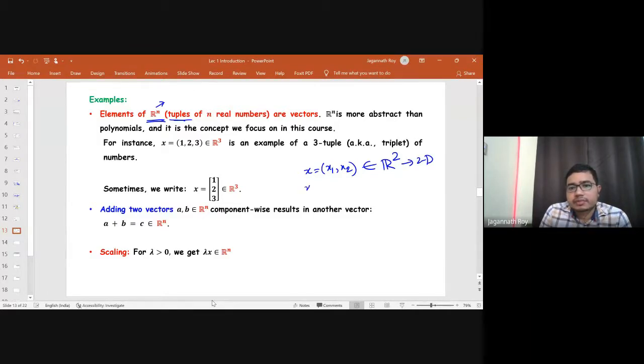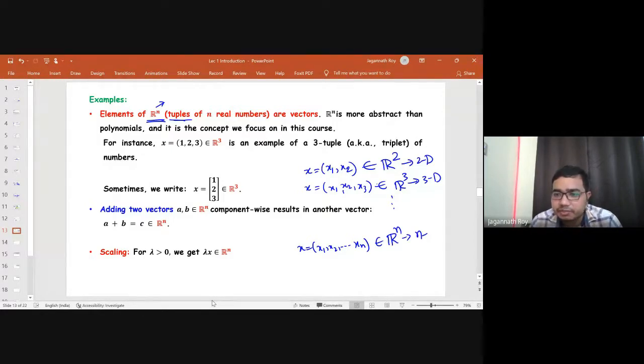If we have x as x1, x2, and x3, then we call it a member of R3. So 3-dimension. Similarly, if we have x equals to x1, x2, xn, that belongs to Rn. So n dimension. N is a positive integer in dimension.